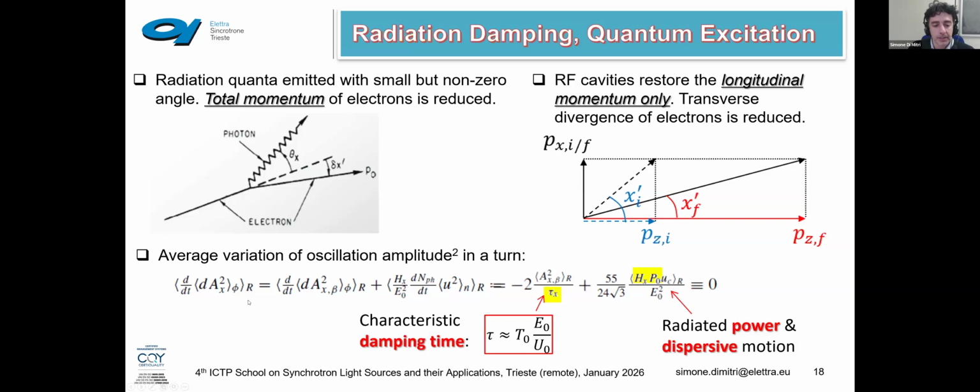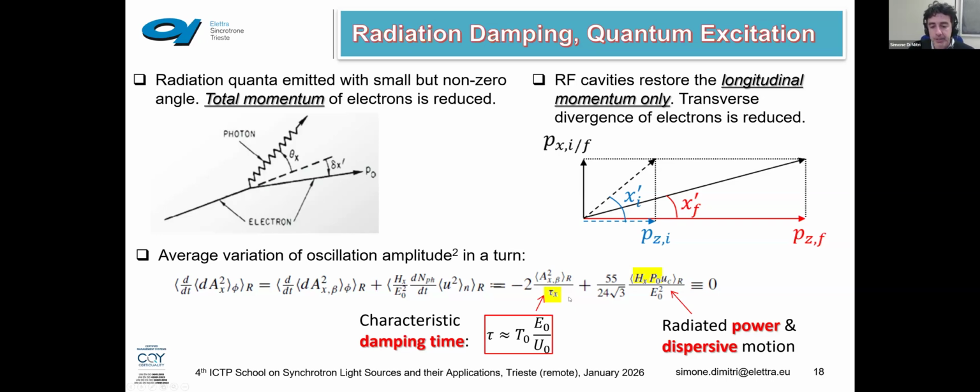Now, this quantity sees the contribution of both processes, which can be exemplified in this expression below as the one with a negative sign and the one with a positive sign. Now, clearly, the two quantities can be made overall zero. In other words, there is one solution which describes null variation of the amplitude of oscillation in the presence of radiation emission and longitudinal acceleration.